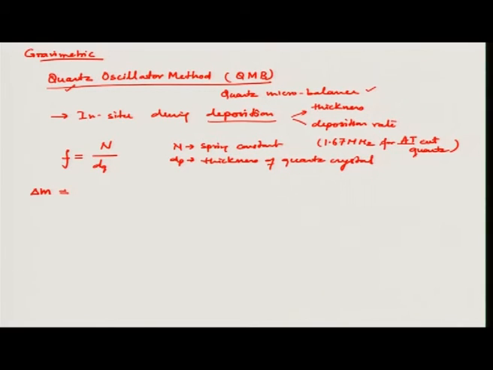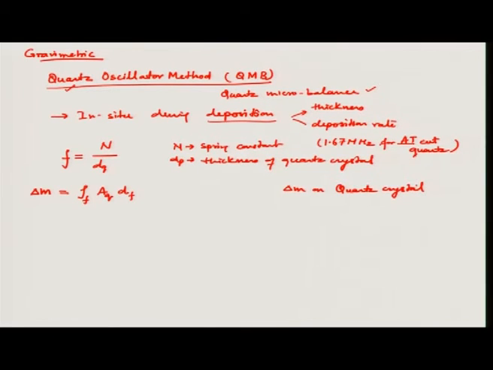This delta m is the density of the thin film, times the area of the quartz crystal, times the thickness of the film, right. So, this is delta m on the quartz crystal.